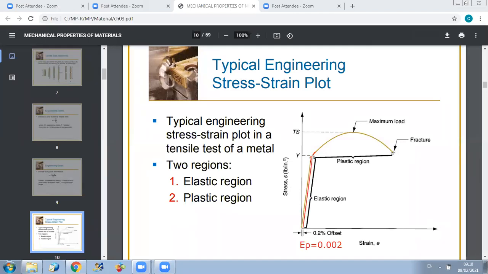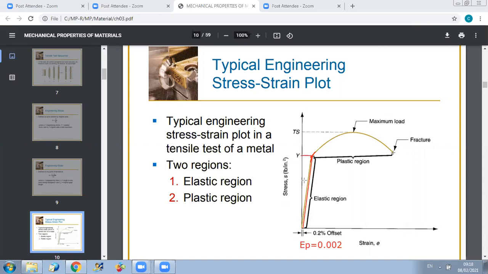Then I say that the point of intersection between this line and my curve is the yield strength. So I read the corresponding value on the axis of stress, and it will give me the yield strength.